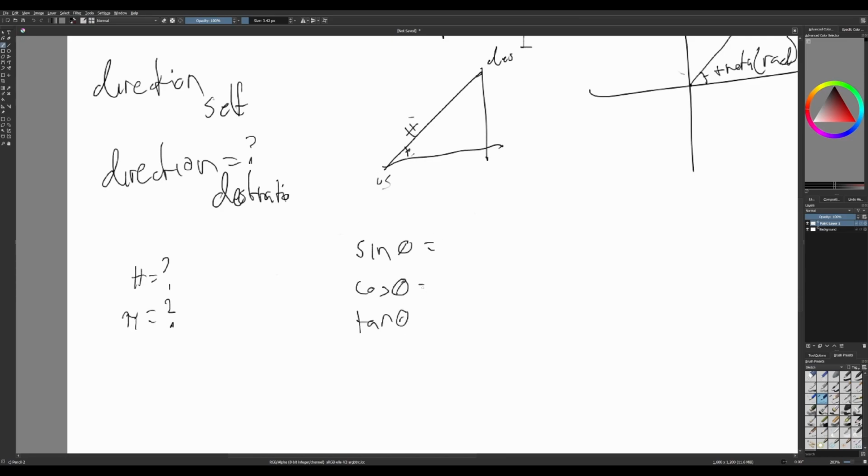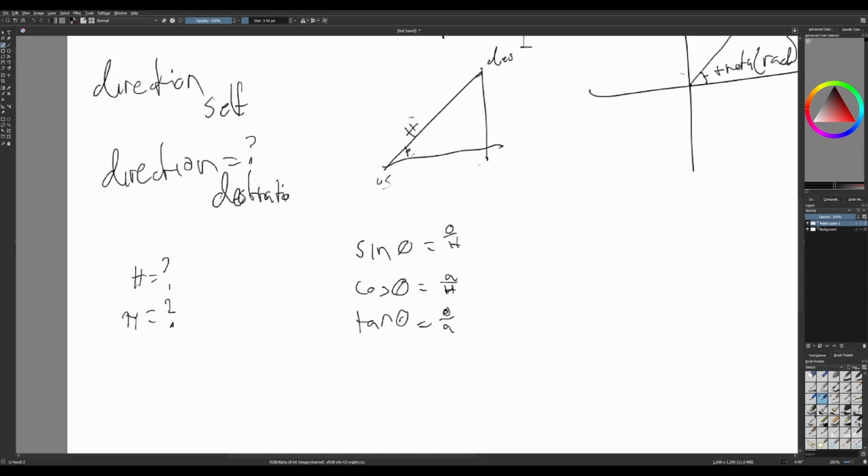It's going to equal their respective pieces. Okay. This would be opposite over hypotenuse, adjacent over hypotenuse, opposite over adjacent. So what are we going to use here? Well, we don't have theta, nor do we have hypotenuse. What do we have?